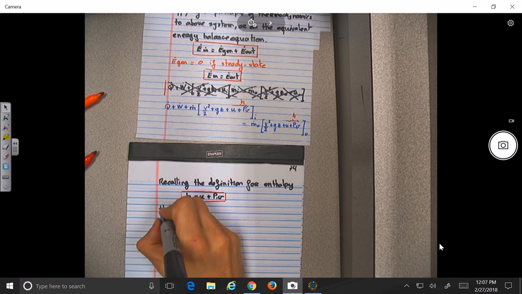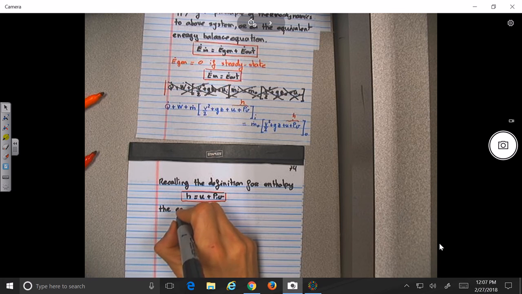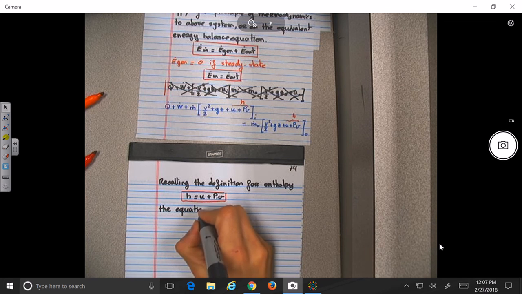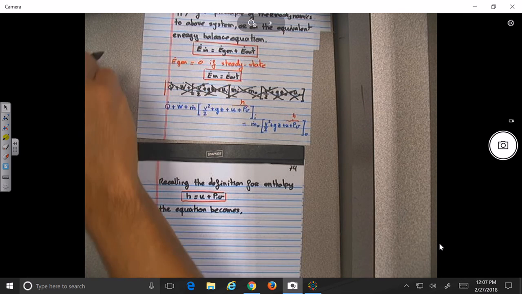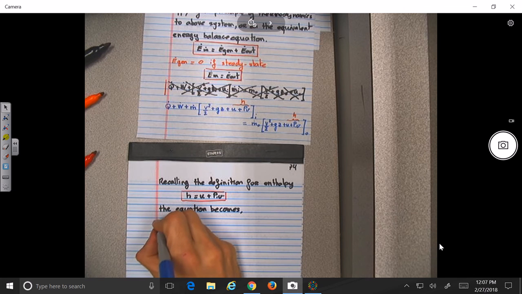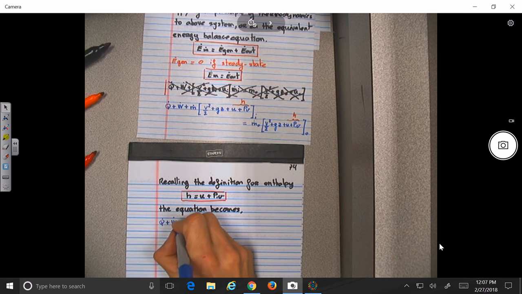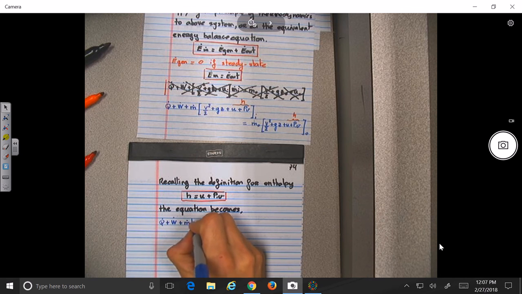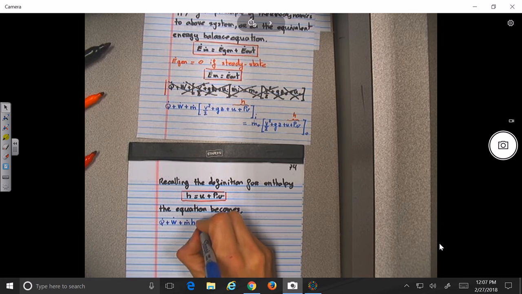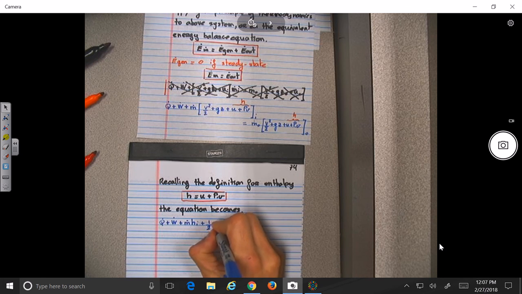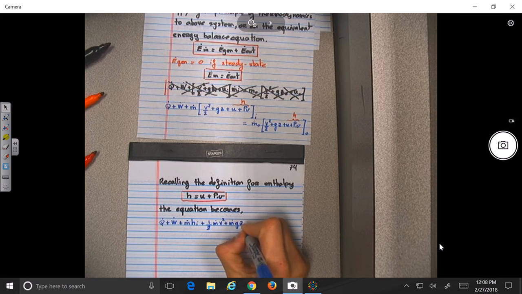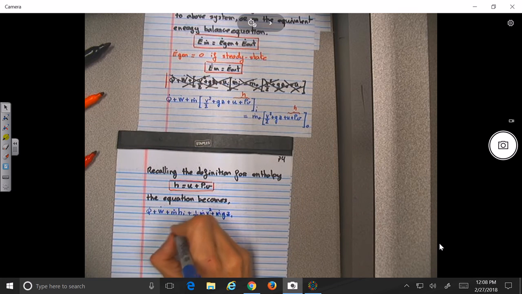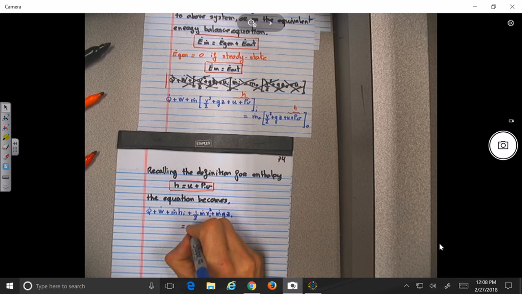So the equation becomes heat transfer plus power plus m dot h in plus 1/2 m dot v squared plus m dot g z in equal to m dot h out plus 1/2 m dot v out squared plus m dot g z out.